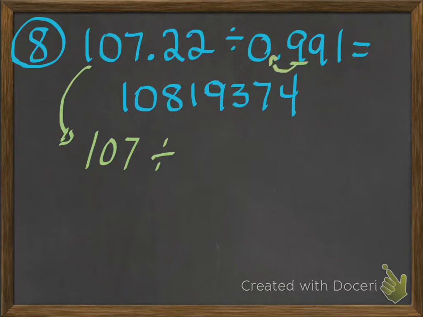That's really close to 1. What's 107 divided by 1? 107. Where am I going to put the decimal point that's going to be close to 107? I see 108.19374. That's pretty close to 107. Okay, so there we've used our reasoning to find the answer.